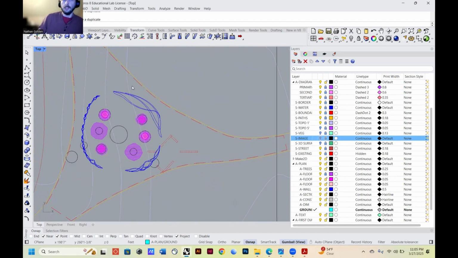I tried to focus on following the topographical lines on the flow of the building. This would be one of the easier paths to follow rather than going uphill.